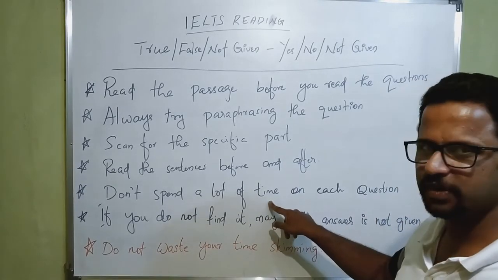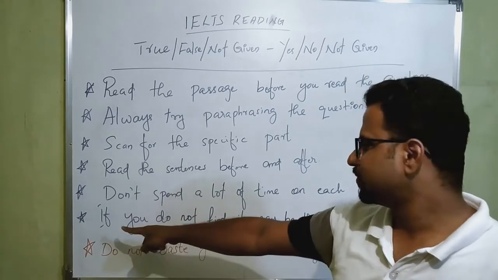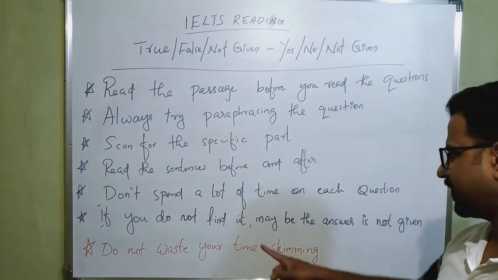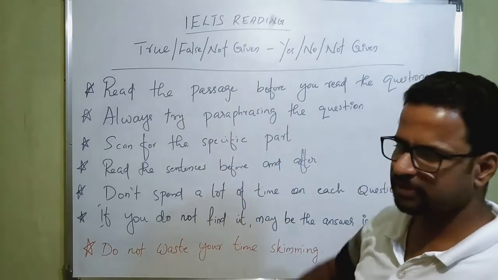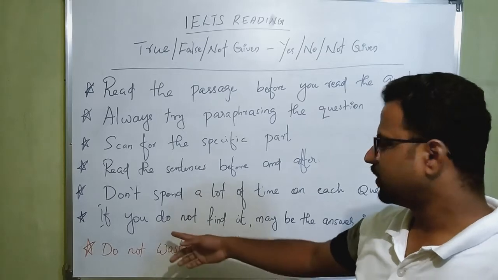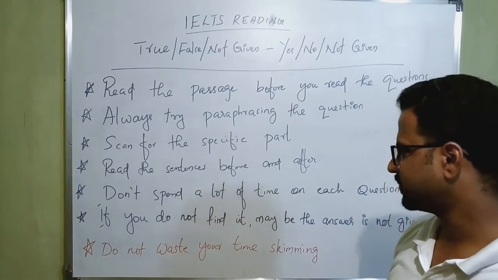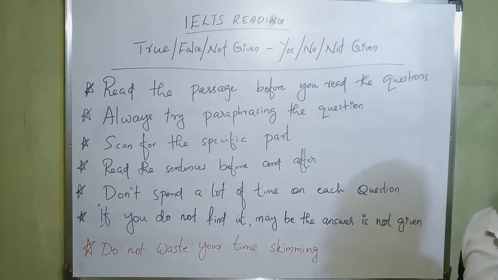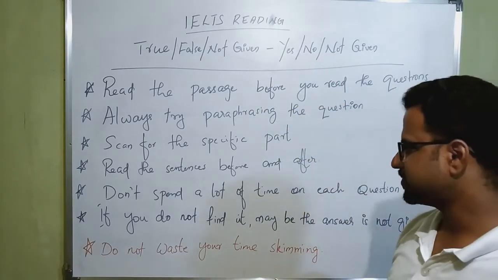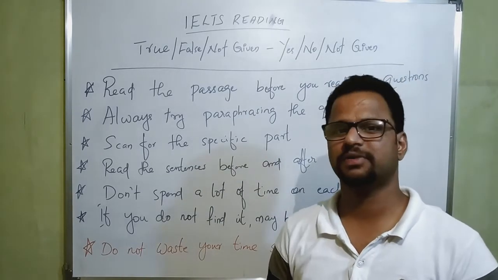So even if you miss one, if you don't find the answer, if you don't find if it's true, yes, or if it's something given, and if you fail to find out, most of the time maybe the answer is not given. Go for the last option, because you are consuming a lot of time and you haven't spotted the place, you did not see anything given about it.